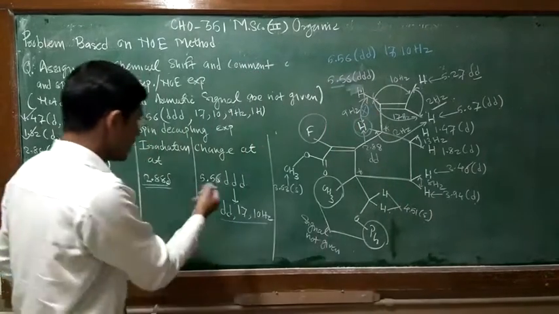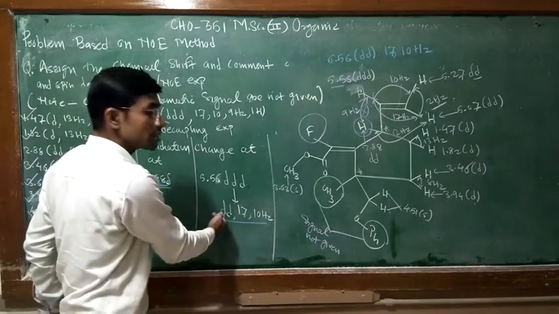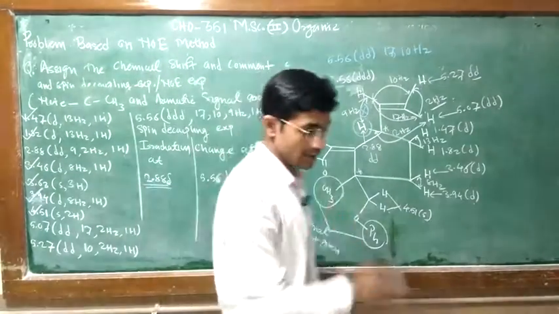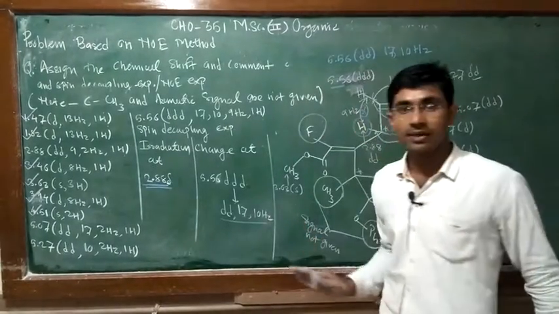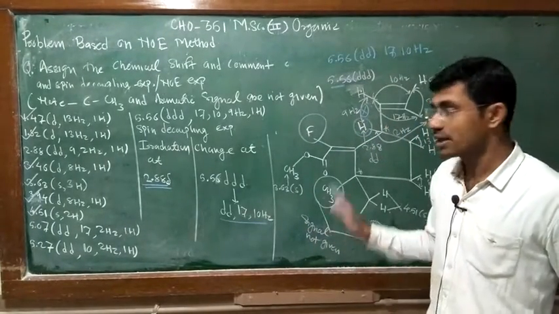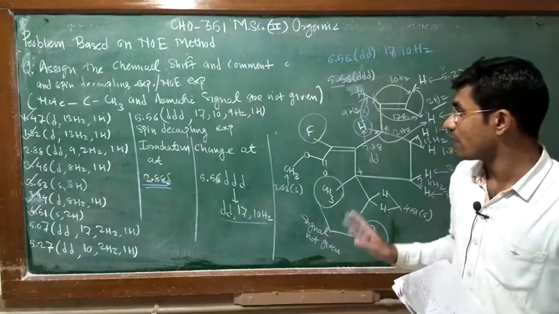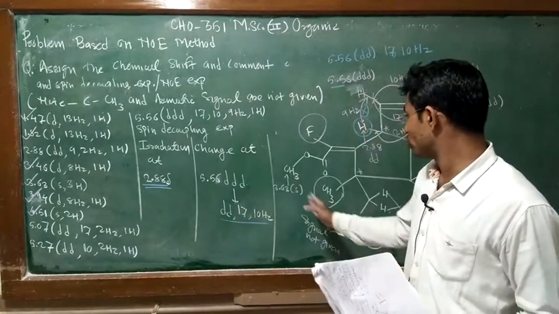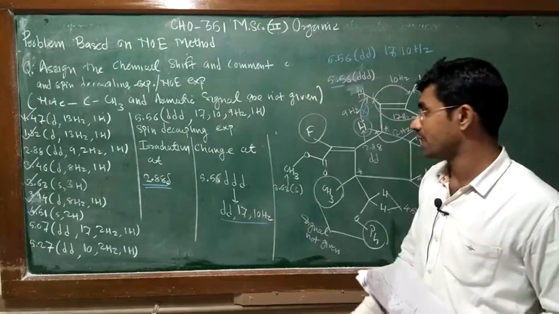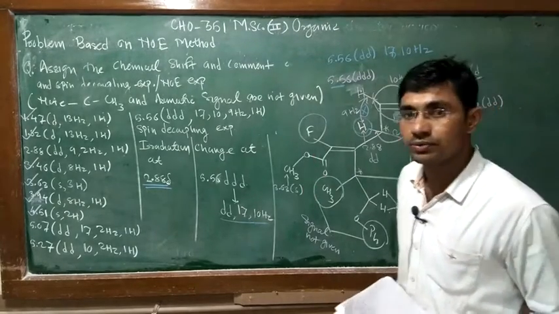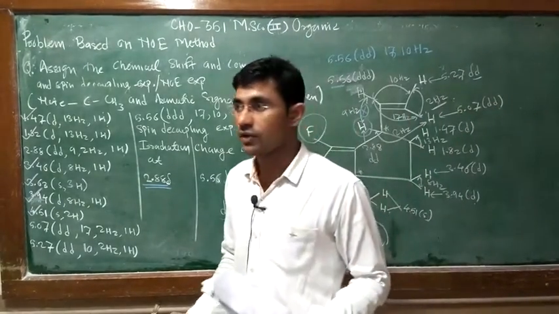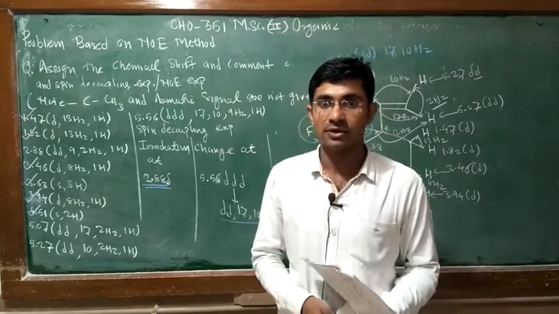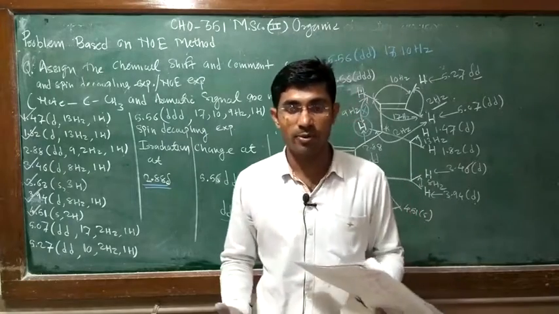Because of that, our signal is changed into a doublet of doublet with 17 and 10 Hz. So in this way we can confirm that our assignment of signals is correct after irradiation at 2.88 delta. In this way we can solve the problem based on NOE. In the next lecture we continue our discussion with problems based on NOE.